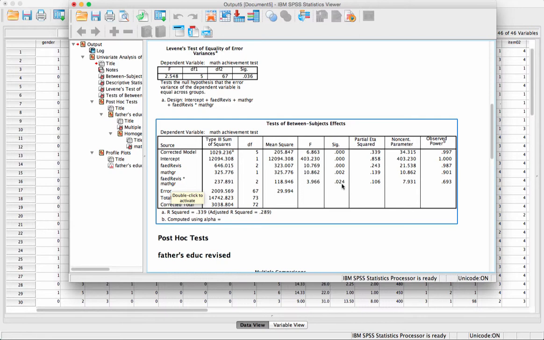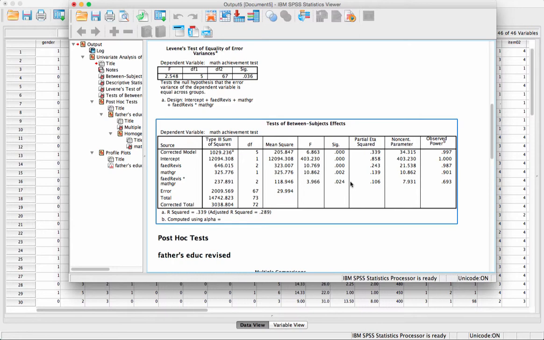When the interaction effect is significant, that indicates that we cannot interpret the main effects, because what it's saying is that students' math grades differ at one level of father's education but not at another.